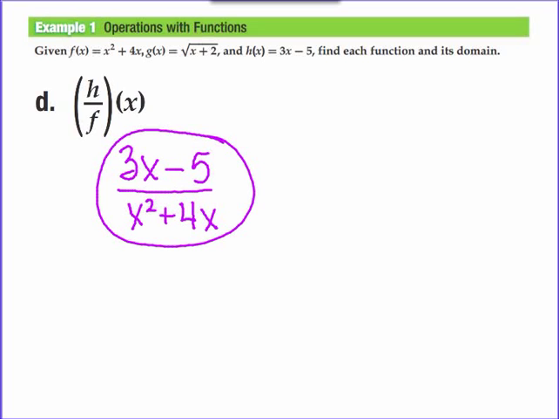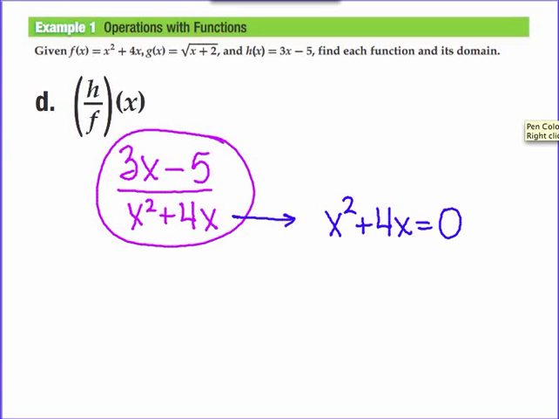Because it's divided by? Yeah, this can equal 0. And so I need to find where that can equal 0, because remember you can't divide by 0. If you remember on that first page, I said that g of x in the bottom can't equal 0. So what we need to do is go ahead and solve that. We need to find where x squared plus 4x equals 0.